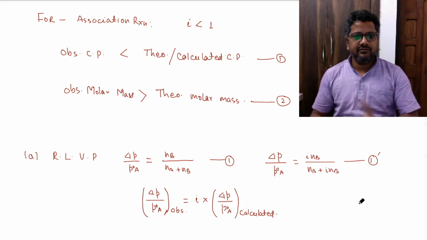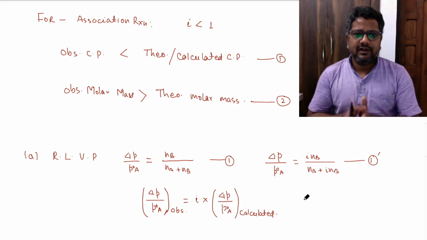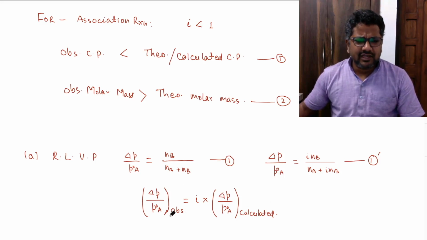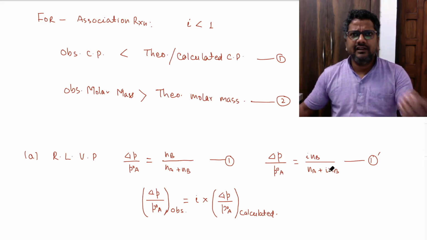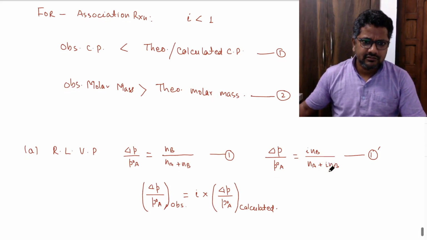If you can calculate the value of I, then through that you can calculate the observed colligative property. Every time you should use this as the general formula, and when your solute is a non-electrolyte, not dissociated, not associated, I is equal to 1, and calculate.